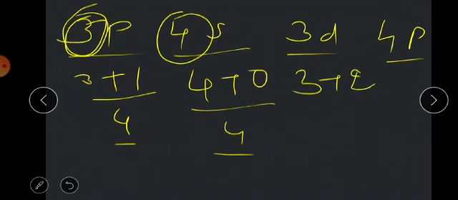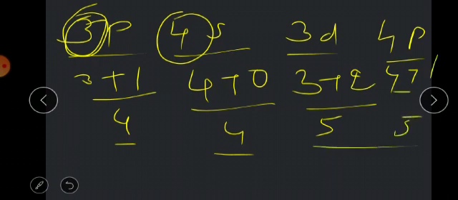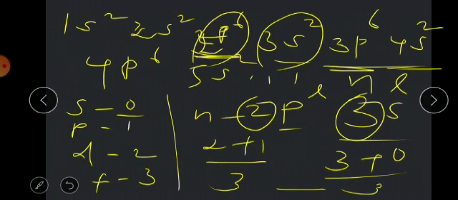So 2 means 5. Here 4p is 4 plus 1, automatically it is also 5. So both values are 5 here. So why am I writing 3d first than 4p? Because we want to see the n value, and 3 is the lowest. That's why, while I am writing the configuration, 3d comes first than 4p.